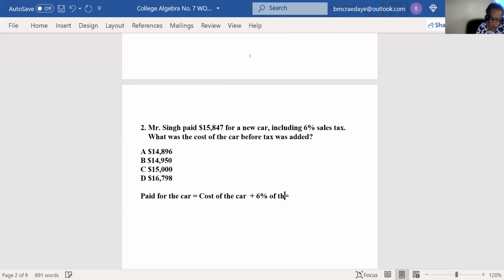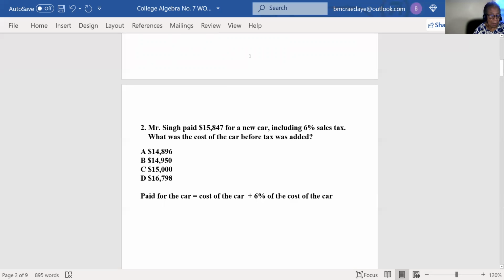So I'm putting it in words just like I said it. So what he paid for the car is equal to the cost of the car, let's be consistent here, plus 6% of the cost of the car.